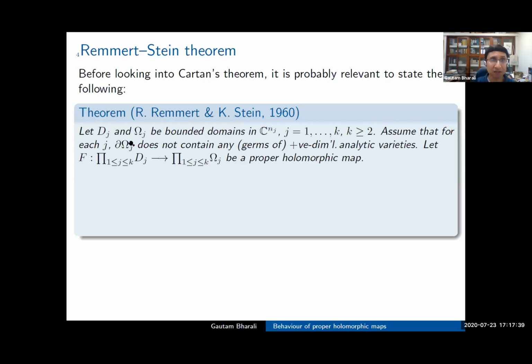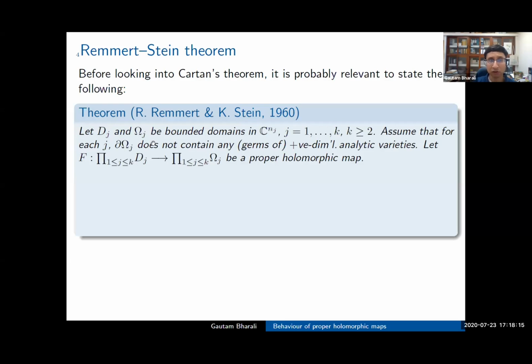So the Remmert-Stein theorem is about proper holomorphic maps of products. Consider a bunch of bounded domains, D_j and Omega_j, sitting in complex Euclidean space C^{n_j}, j running from 1 through k. If you feel muddled by the subscripts, just assume k to be 2 over here. So what I want is a non-trivial Cartesian product.